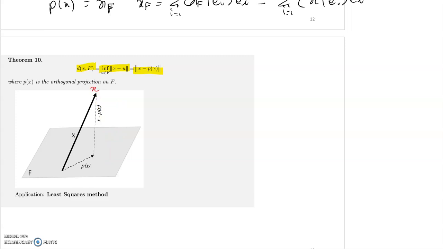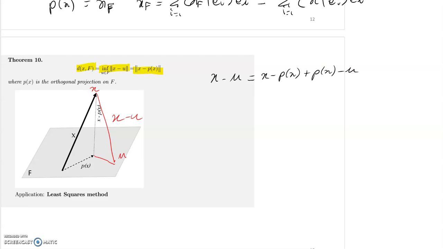So you've got your point x. If you have any u here, so that's x minus u, what can you write? You can write that x minus u can be expressed as, and that is always true anyway, that's just Chasles' relation, x minus p of x plus p of x minus u.